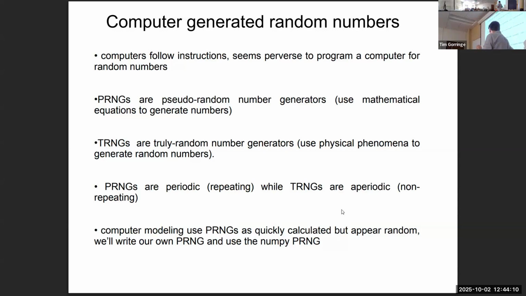Pseudo-random numbers is the term we use for random numbers that are generated by equations, by formulas that we might use on a computer, or calculate by hand. And truly random numbers are random numbers that are generated in physically random processes.